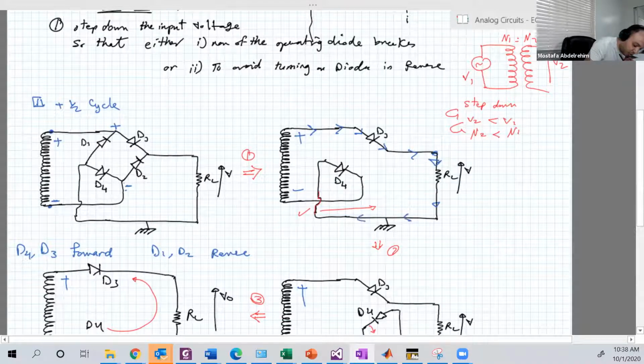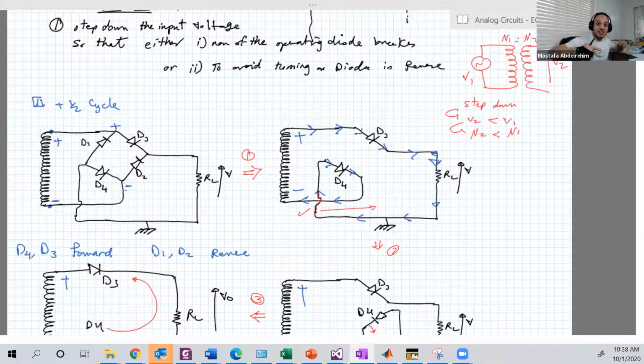Then continue, cross the bridge, flow in D4 in that direction from P to N, still valid, and then continue until you reach the negative terminal of the battery. So we succeeded in having a current in the negative half cycle in the same direction as the positive half cycle.